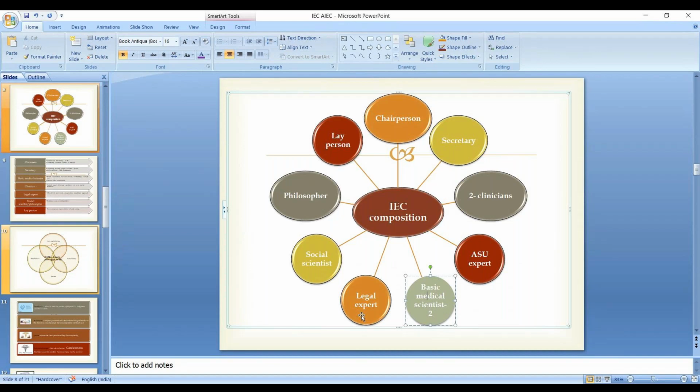Apart from that, if something happens to a participant, he will take care of the remuneration we are supposed to give to the patient.